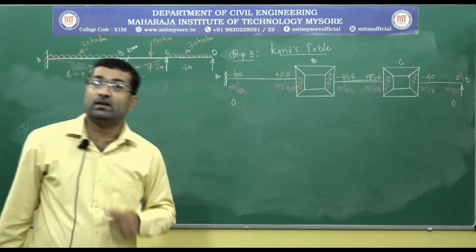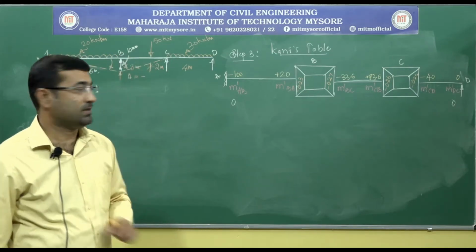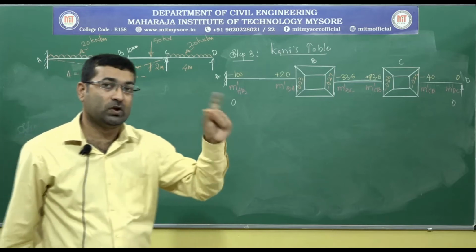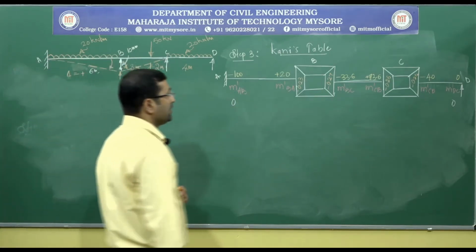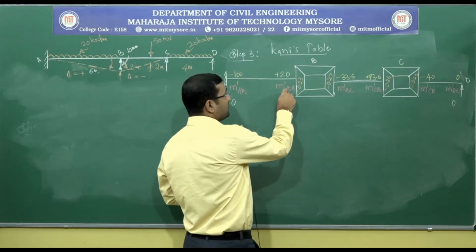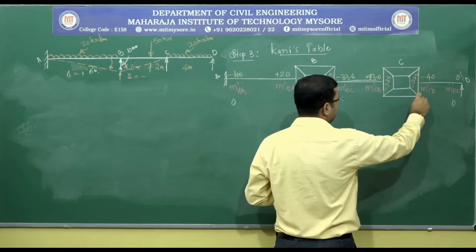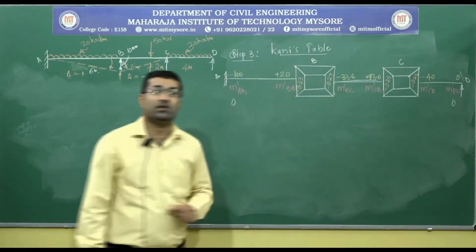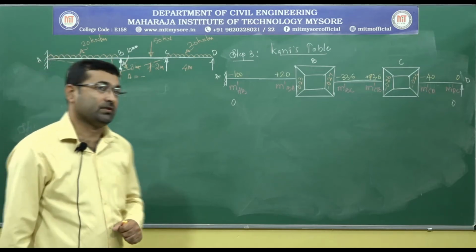We have to calculate the rotation contributions only for the intermediate joints, that is joint B and joint C. So, here we need totally 4 rotation contributions: M dash AB, M dash BA, M dash CB and M dash CD. For these 4 members we need to calculate the rotation contributions.